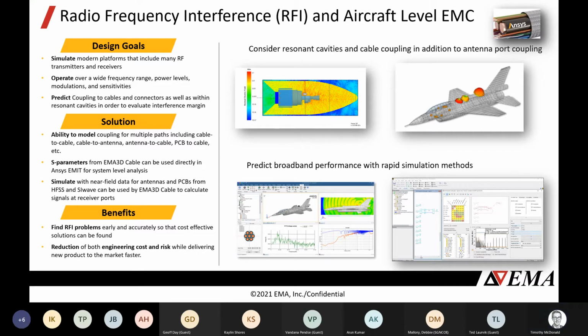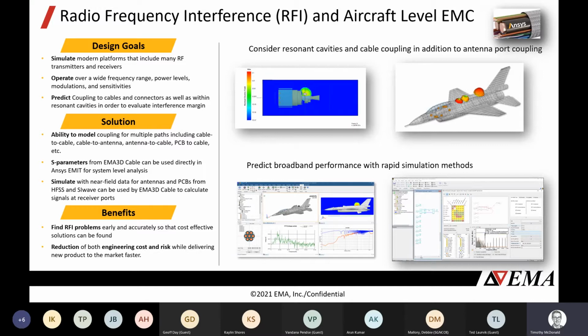And individual RF systems can have their performance degraded. They can be jammed. In other words, even when the interference is out of band with that antenna, with that radio system. So it's very important to consider the out-of-band performance of those radios.